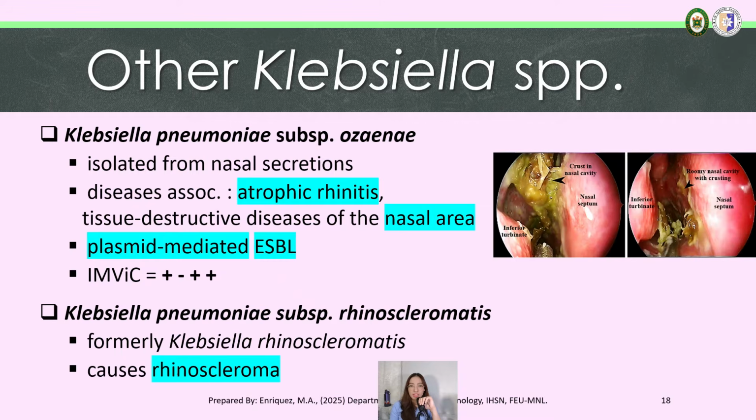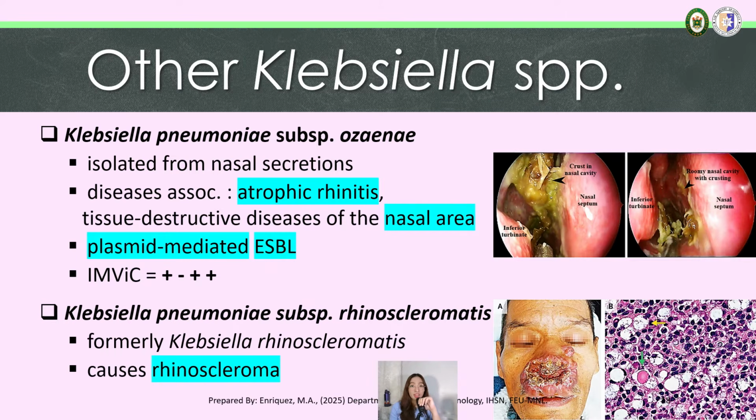Next is Klebsiella pneumoniae subspecies rhinoscleromatis, which was formerly referred to as a separate species called Klebsiella rhinoscleromatis. So this has been isolated from patients with rhinoscleroma, which is an infection of the nasal cavity that manifests as an intense swelling and malformation of the entire face and neck.